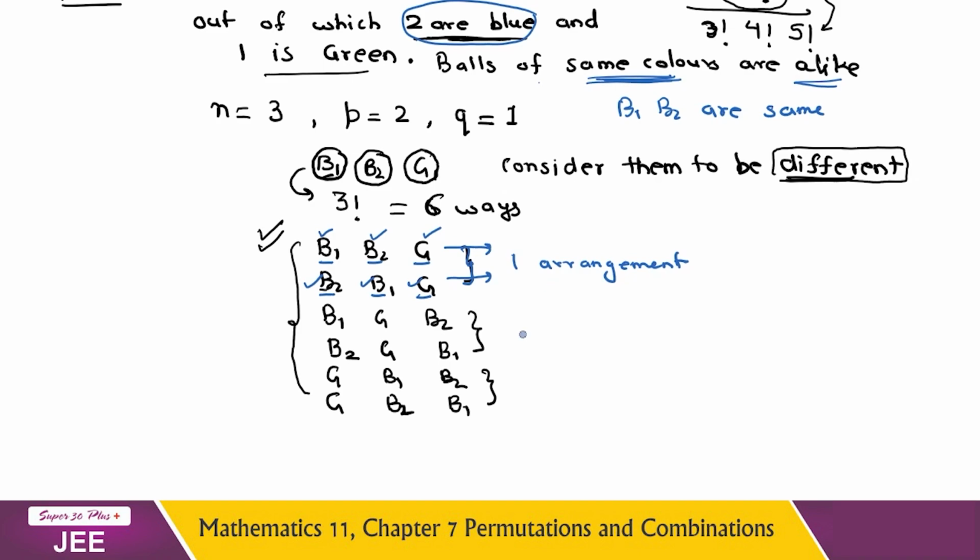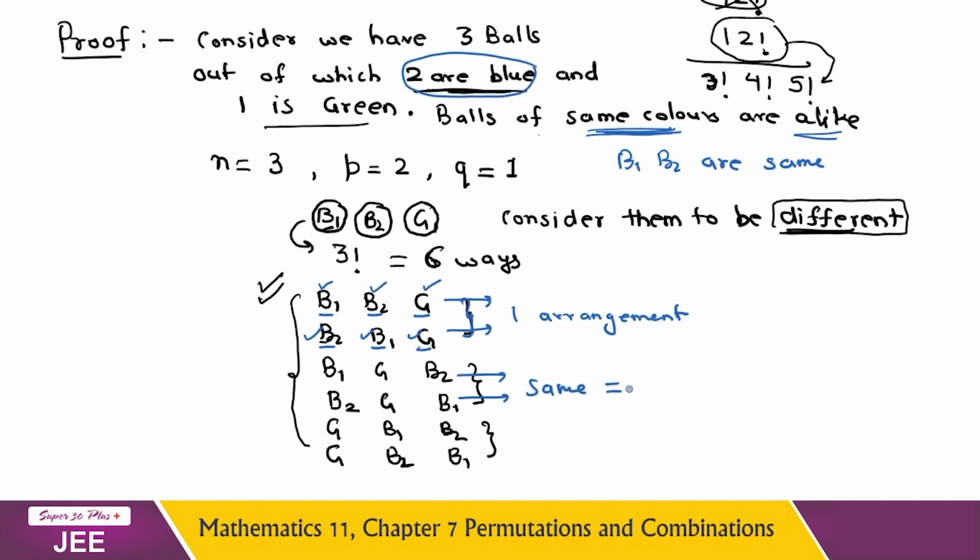Similarly, these two arrangements are the same and will be counted as one. Similarly, these two arrangements are the same and will also be counted as one. Why? Because here we have green, blue, blue, and here also green, blue, blue, if the blue balls are the same. In the middle two, we have blue, green, blue, and this also says blue, green, blue.